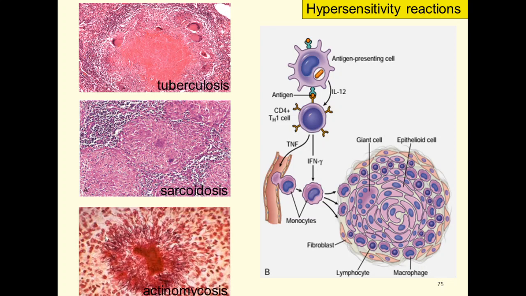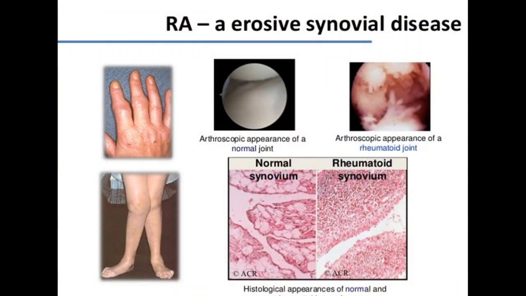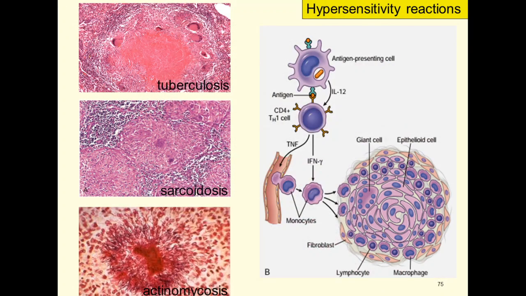and some presence of fungal infection. So what's going on? Here we have CD4, as you see, activation of the CD4 T lymphocytes, and TNF, tumor necrosis factor, and interferon gamma.